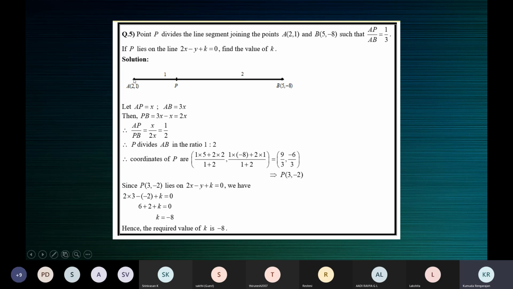So the required ratio is AP by PB, which is 1:2. Any questions, children? No, ma'am. Okay.